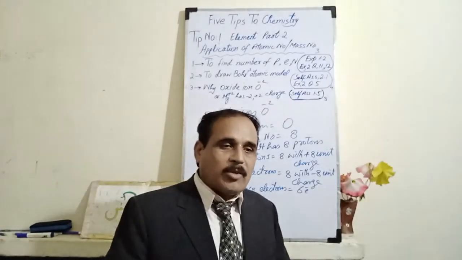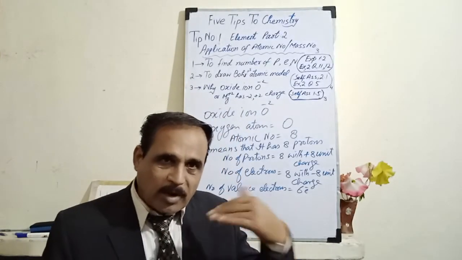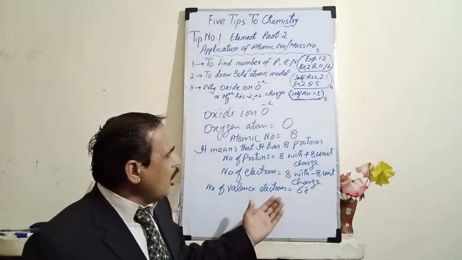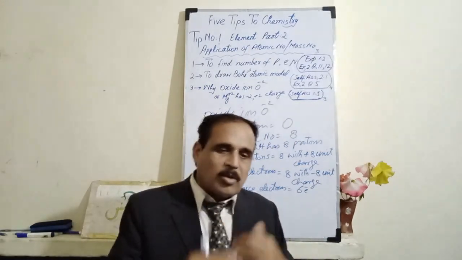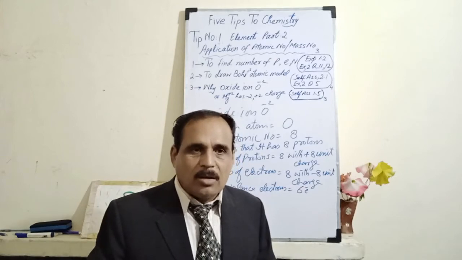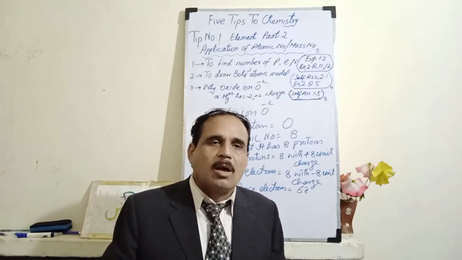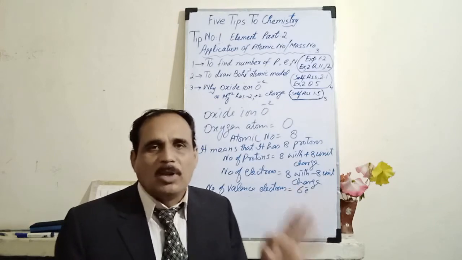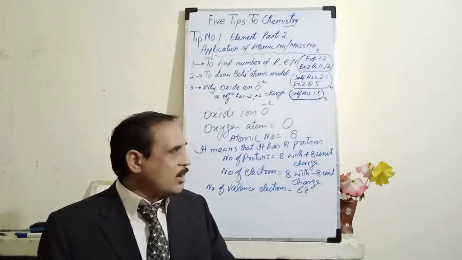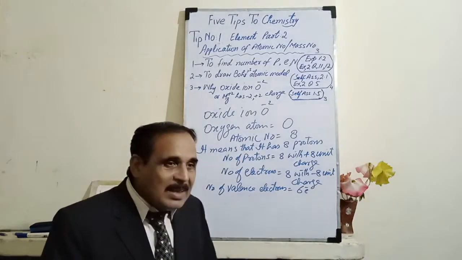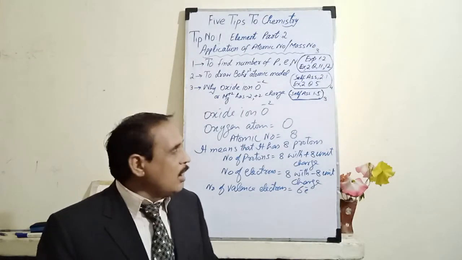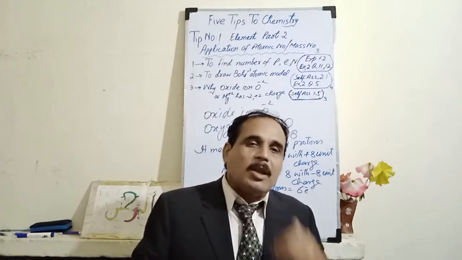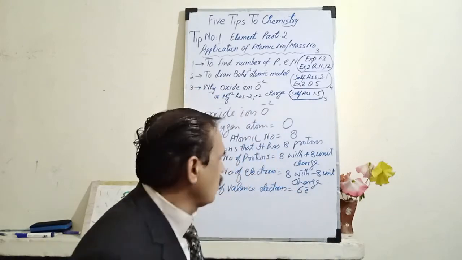As it has 6 electrons, more than 4 electrons, so if an atom has more than 4 electrons in its outermost shell except noble gases, it means it may have 5, 6 or 7 electrons, then it will gain electrons and form an anion and it will be a non-metal.